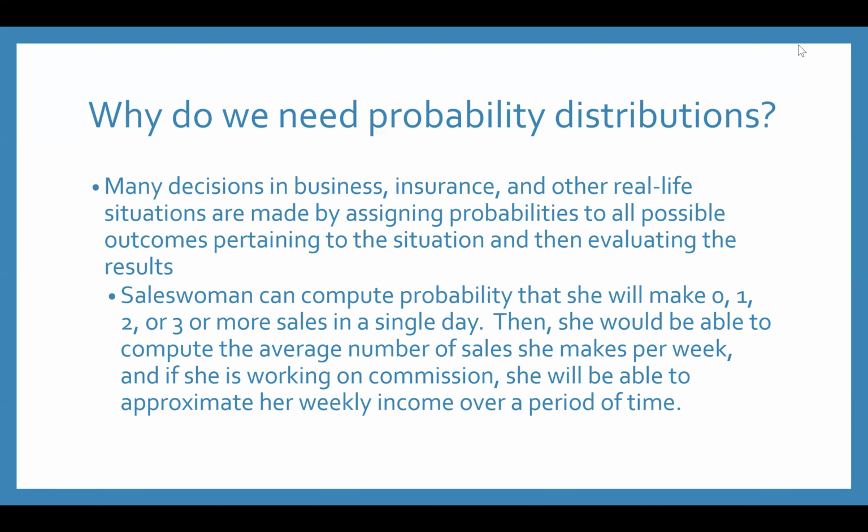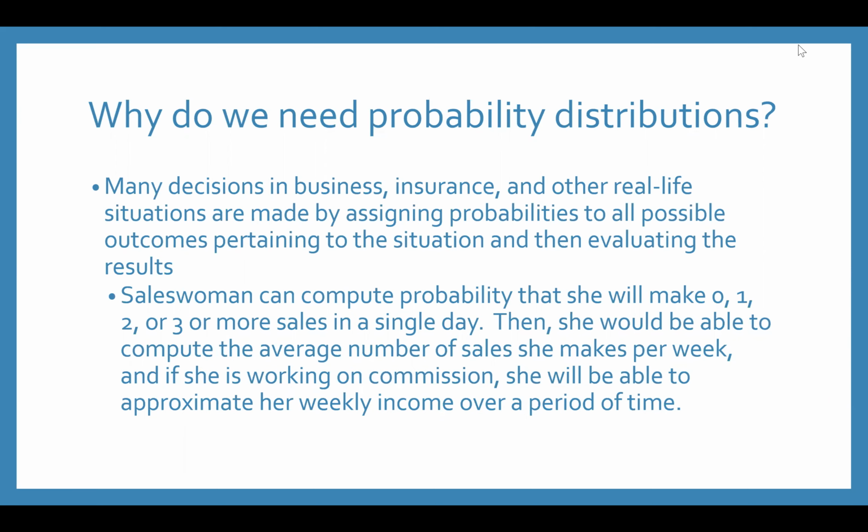Even with car insurance, they look at your age, your driving record, and those sorts of things, and they assign a probability that you're going to have an accident or need to utilize that insurance. And again, they determine at that point what your insurance rate or price is going to be. So there are lots of uses for probability distributions in the real world.